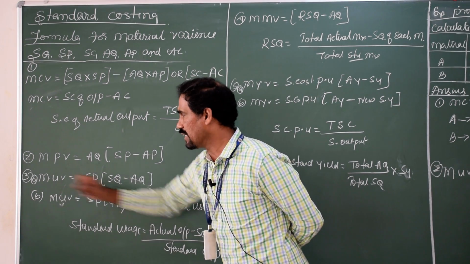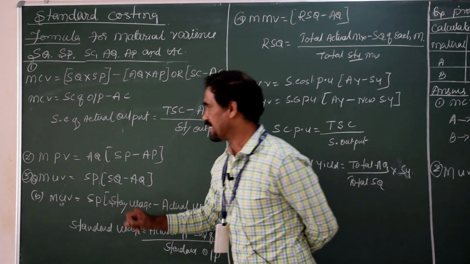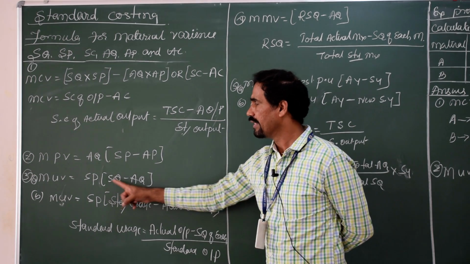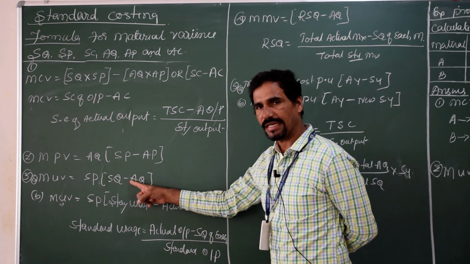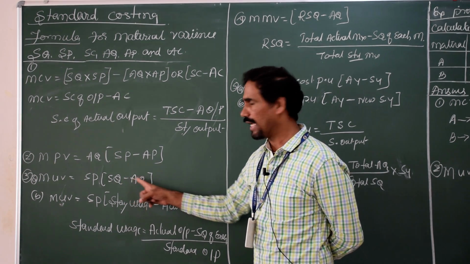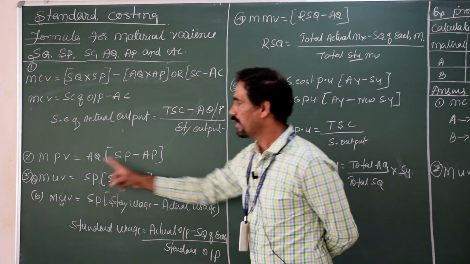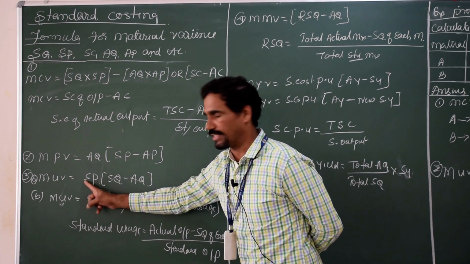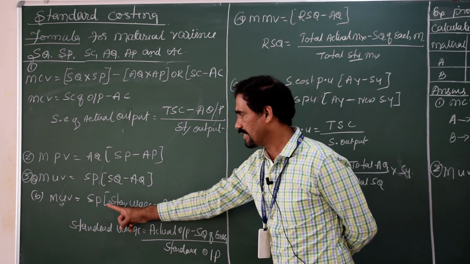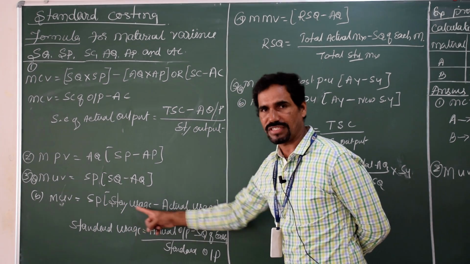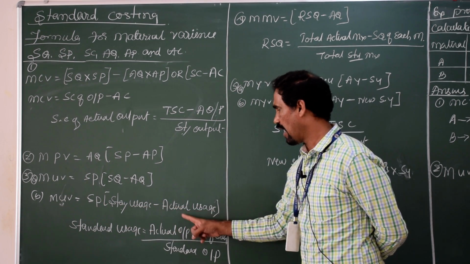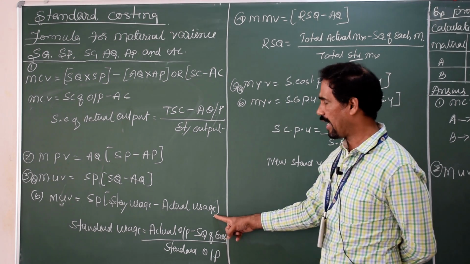Material usage variance. Formula A: standard price into standard quantity minus actual quantity. SQ stands for standard quantity, AQ stands for actual quantity. Either formula, depending on the question. Formula B: in the same material usage variance, standard price into standard usage minus actual usage.